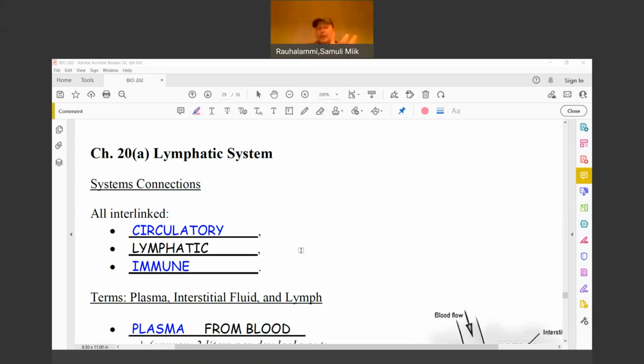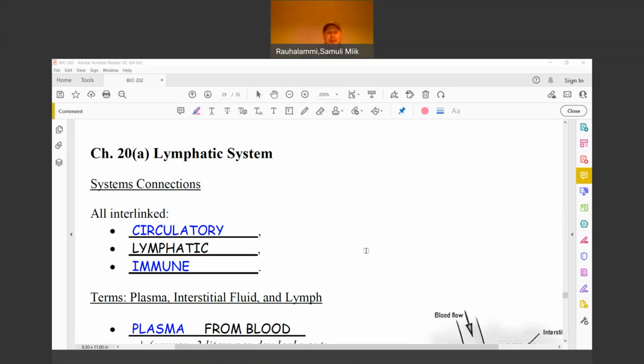The other thing that the lymphatic system does is that it is a set of anatomical structures within which the immune system lives. The immune system was mostly just a physiological system, but it uses the lymphatic system structures to exist, to do its physiological role.